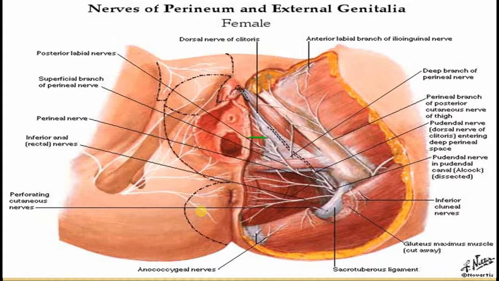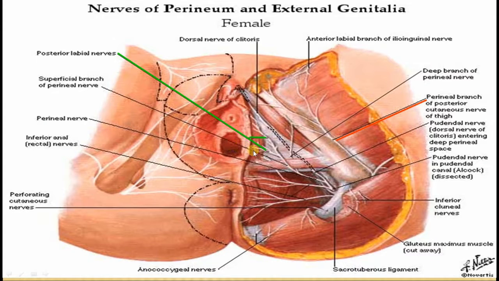So here you are able to see the posterior scrotal or labial nerves. Then muscular branches from the perineal nerve. Then the perineal branch from the posterior cutaneous nerve of the thigh.